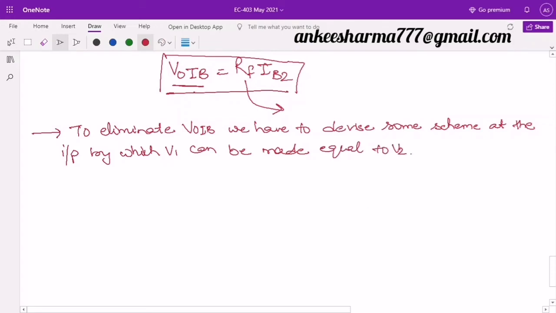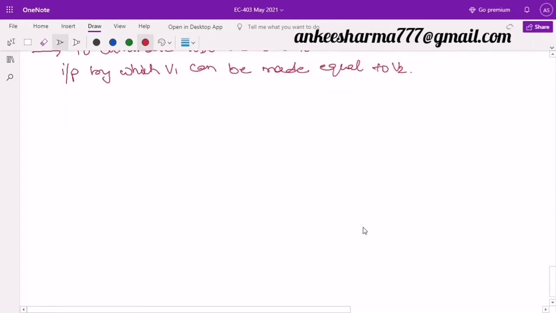So what we will do, we will have a circuit now. This is inverting, this is non-inverting. Inverting will remain as it is.